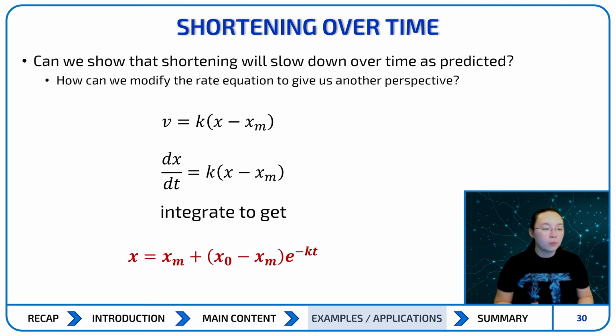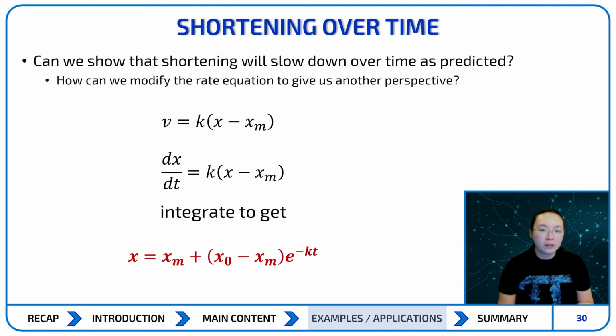So once we have that equation, we can also manipulate the values a bit to give us some insight into the behavior of shortening muscles over time. So the question is, can we show that shortening is going to slow down over time as predicted?